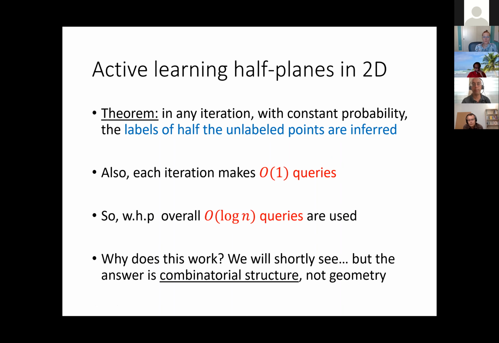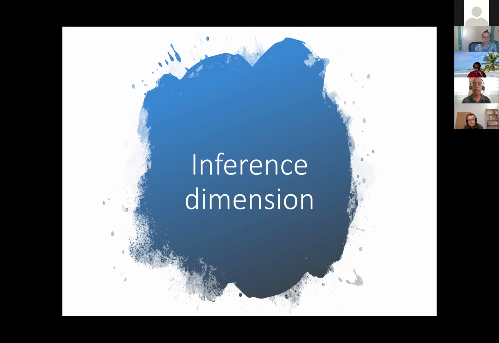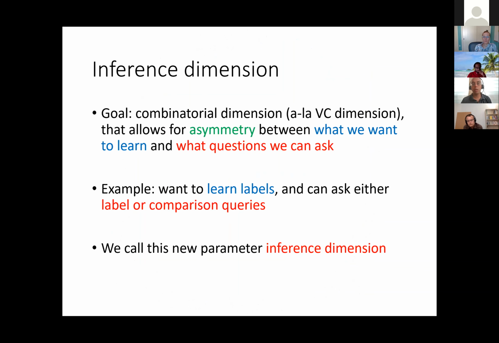So let's see why. The main thing that makes this work is a definition of something that we call inference dimension, which is basically asking what is a dimension that allows a learning algorithm to infer information if it is allowed to make more powerful queries compared to what it's trying to learn. So here's our goal: to define some combinatorial dimension.